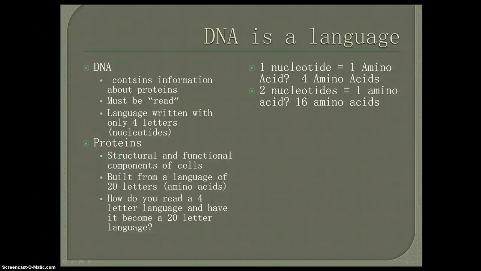Now, you may ask yourself, how is it that it's 16 amino acids? It's important for you to realize that the reason it's 16 is because there's 4 nucleotides, and since we're looking at all the possible combinations of 2, it's 4 to the 2nd power. So 4 times 4 is 16. Okay? So 16 isn't enough. It's close, but it's not 20.